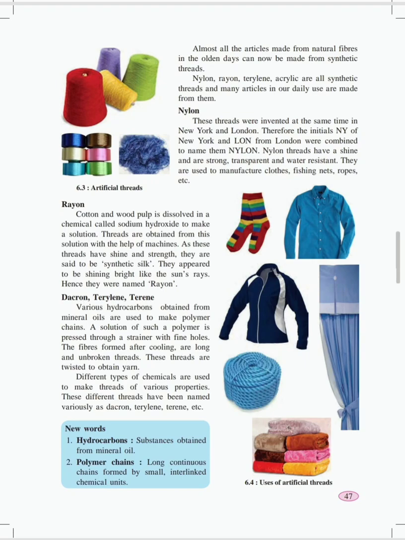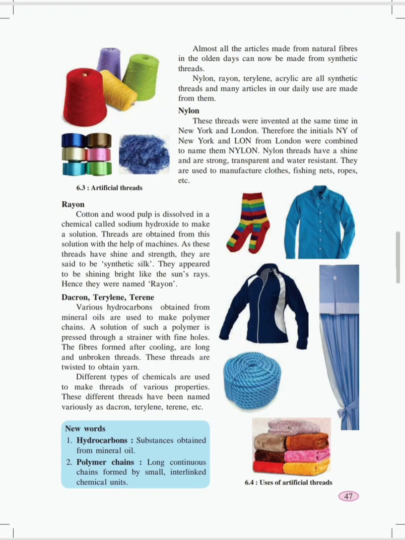Different types of chemicals are used to make threads of various properties. These different threads have been named variously as dacron, terylene, terene, etc. So these are the different threads, made from hydrocarbons obtained from mineral oil, which make a polymer chain.